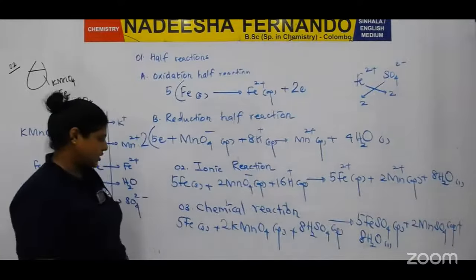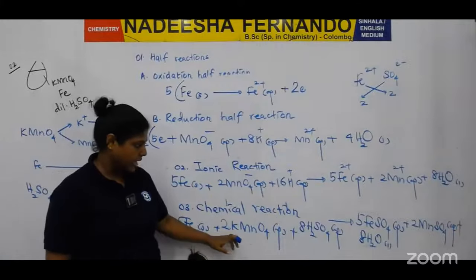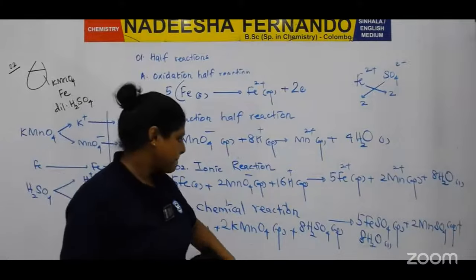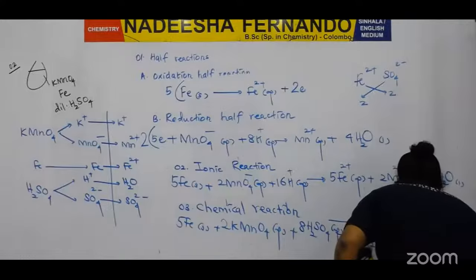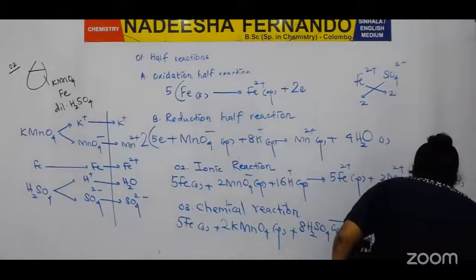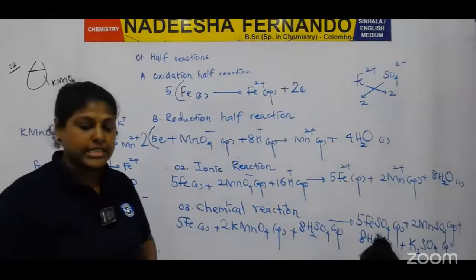Then balance the charges. This side has 2 K, therefore we need to add 1 K2SO4.